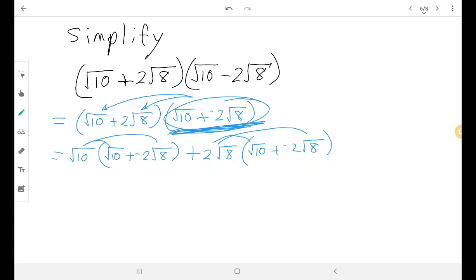It's a one-trick pony that I don't think does you as much good as learning how to do this procedure of distributing. Okay?